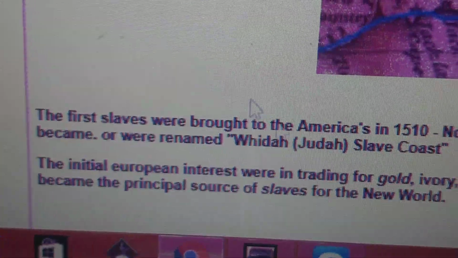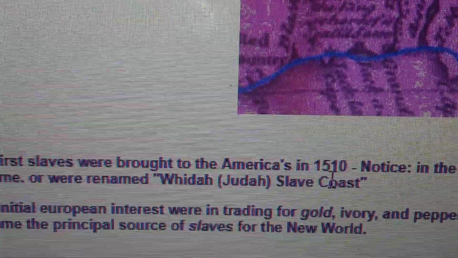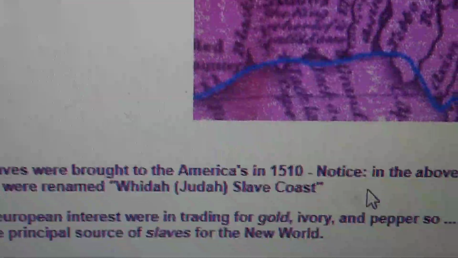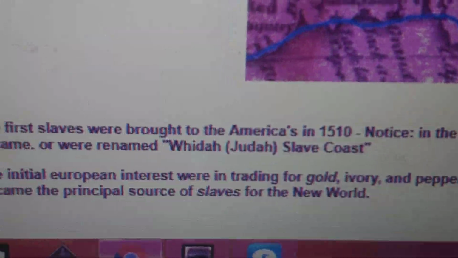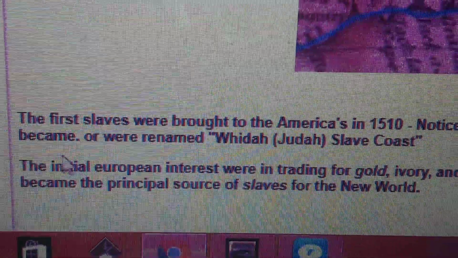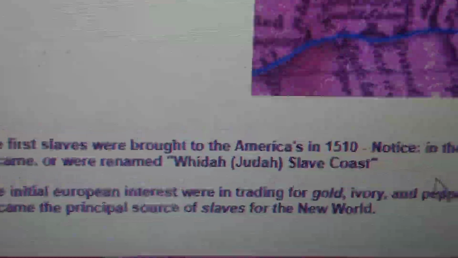See how the information here says the first slaves were brought to America in 1510. Notice the above map, the kingdom of Judah, they have it became or were renamed Wada, Judah, Slave Coast.